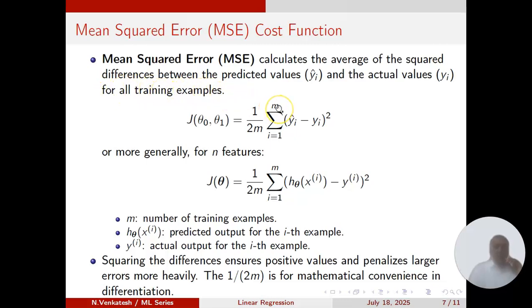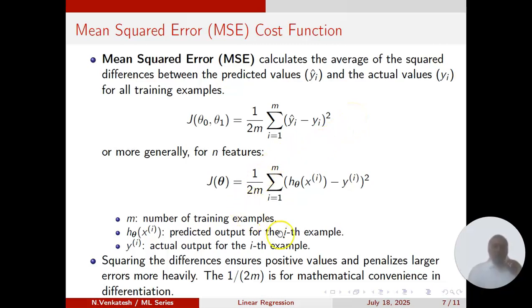In the case of mean squared error, it is the average of the squared difference between the predicted and actual values over all training examples. That is 1 by 2m times the sum over i equals 1 to m, where m is the number of training examples. For each training example, y cap is the predicted value, yi is the actual value. So, squares.